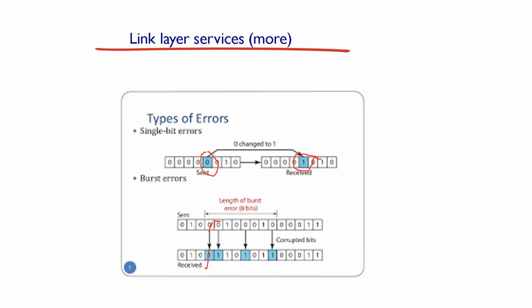Here also the sender is sending 0 but the receiver is receiving 1. Again, in this position it is sending 0 and receiving 1, and in this position also it is receiving 1. So when comparing the sending side and the receiving side, a set of bits are altered. The starting point till the end point of the bit errors together is considered as the error, and they are burst errors.